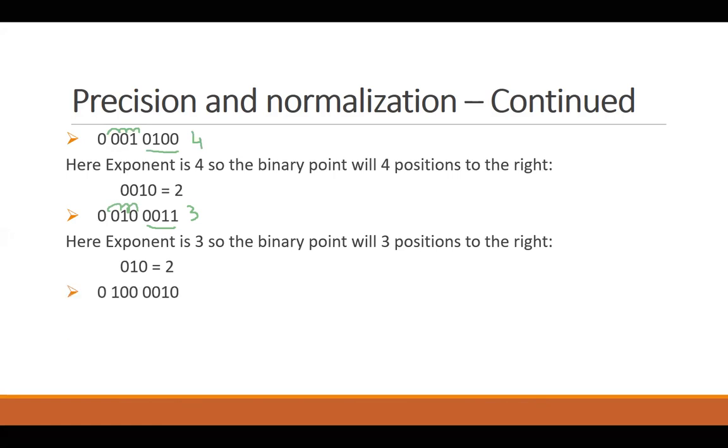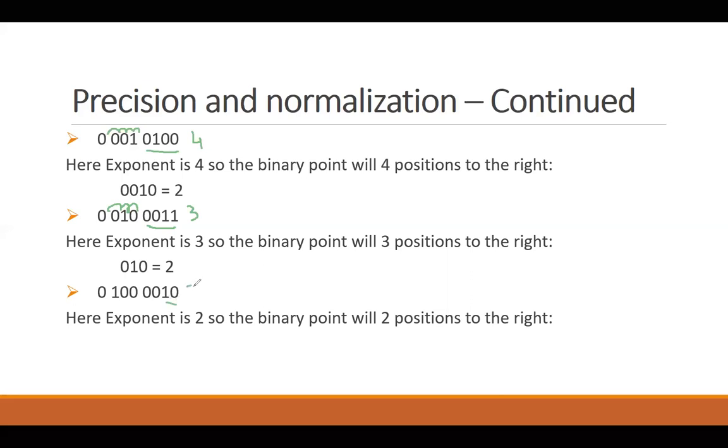And for the third and final row of my table, here the exponent is only 2. That makes us move the binary point 2 places only, which would be here, and that is again 2.